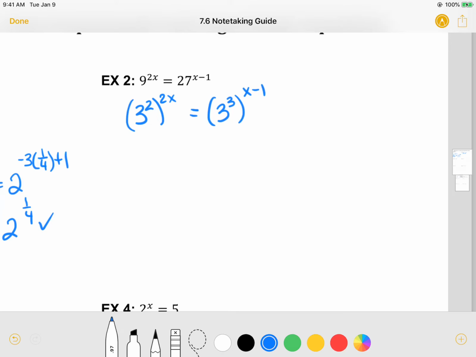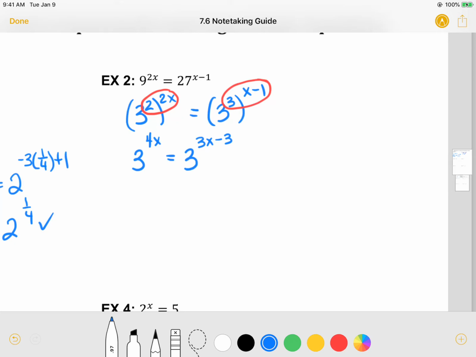Now, using our rules of exponents, we simply multiply these exponents together. Now we're going to have 3 to the 4x, which is equal to, be careful here because we need to distribute, 3 to the 3x minus 3.